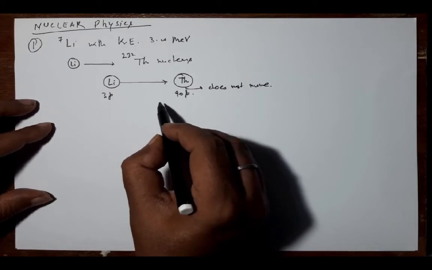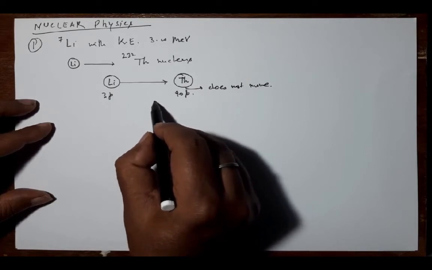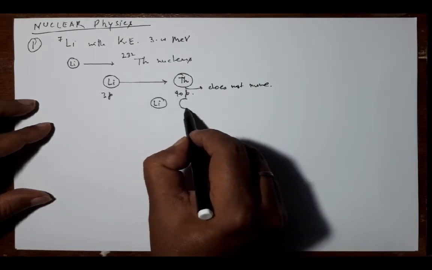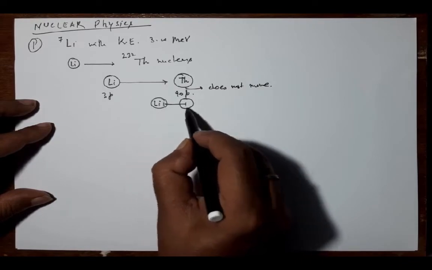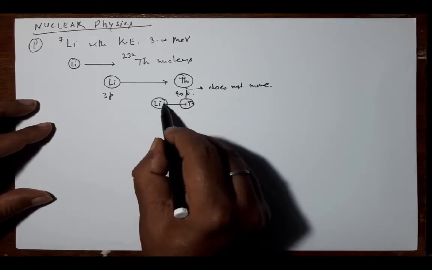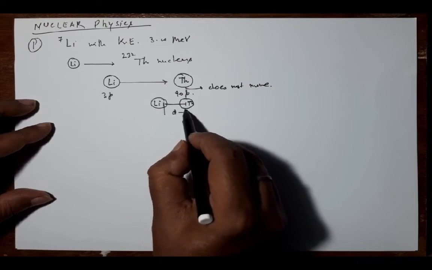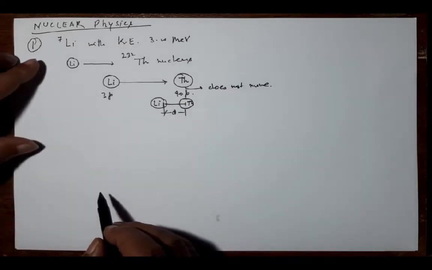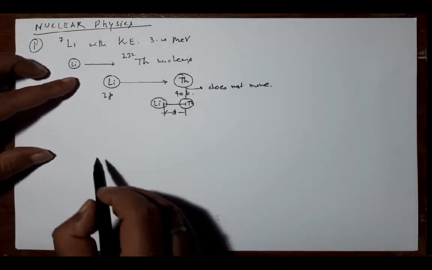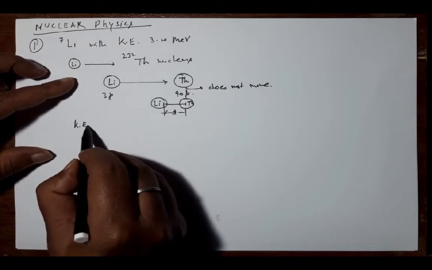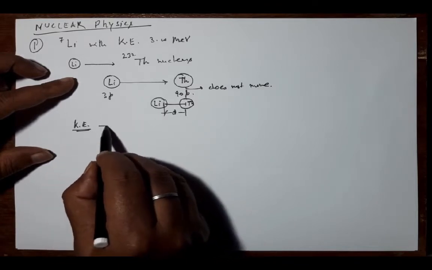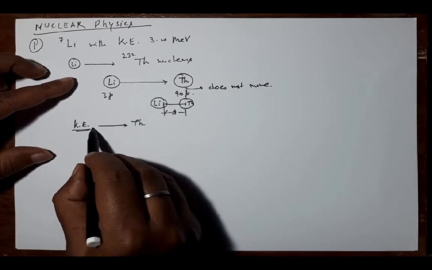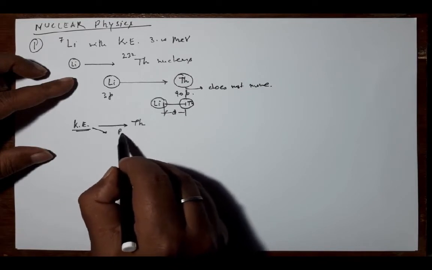So, what is the least distance it can attain? Suppose this least distance is D. Now this lithium nucleus is having kinetic energy, and while coming towards this thorium nucleus, it will convert into potential energy.